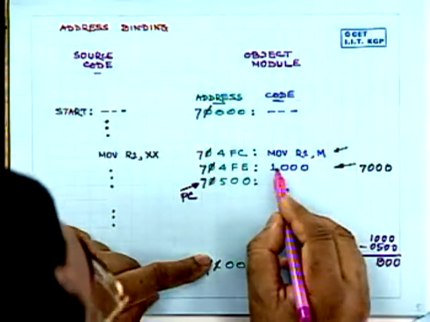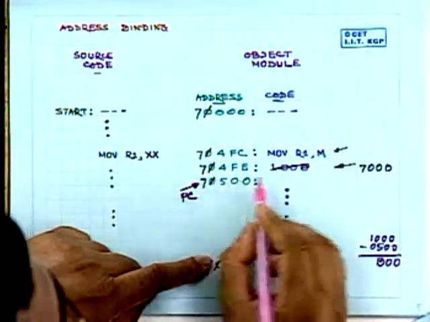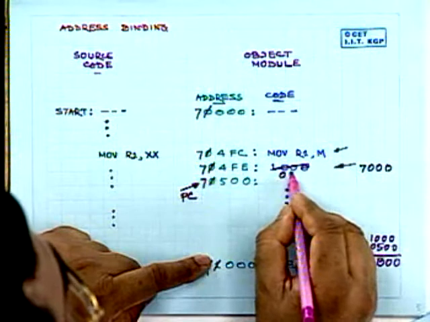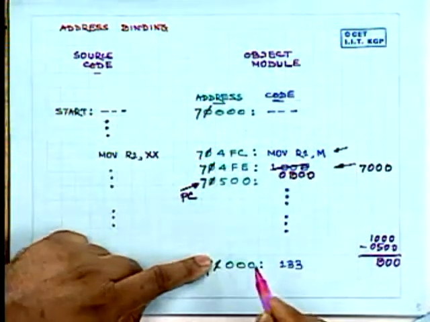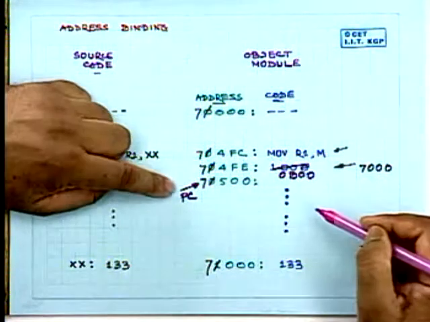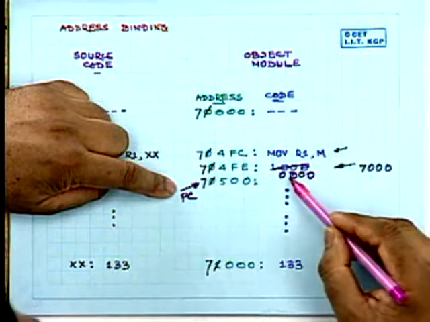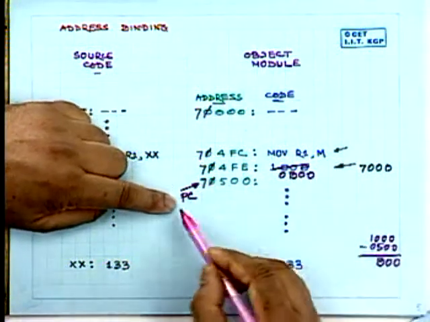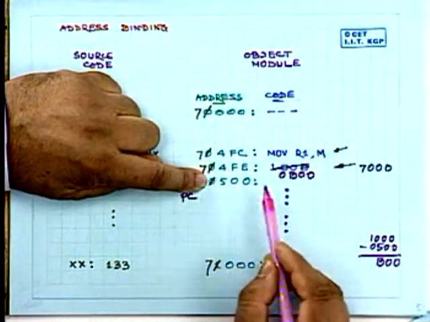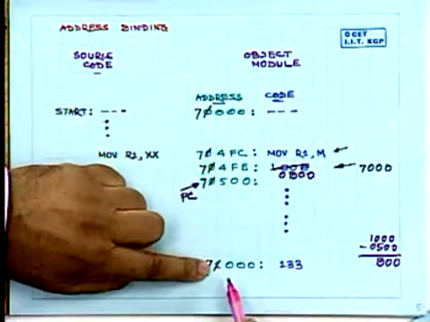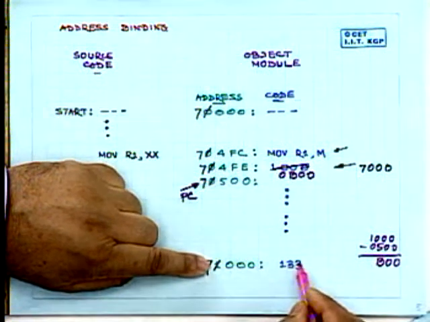Therefore, if in the case of PC relative addressing we keep 0B00 at this location, then at the time of execution the CPU will take 0B00 and add it to the value of the program counter, which will be 0500 originally, and we will get the address 1000, which will be the address of the operand.